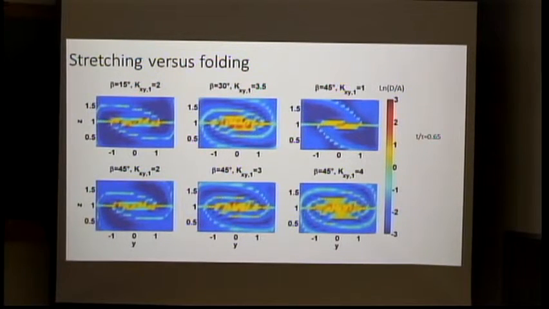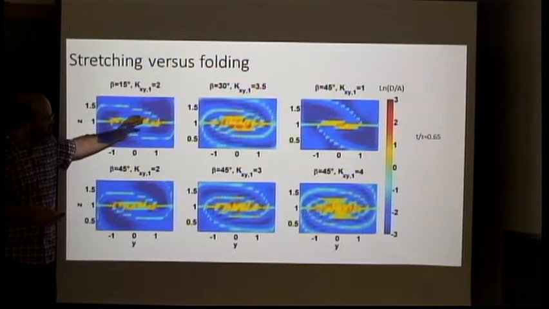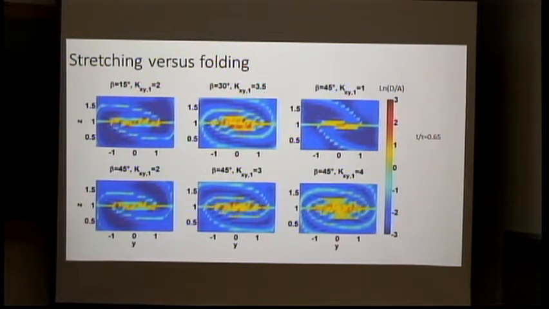So what this figure shows is, for some time, we computed the logarithm of the ratio between folding and stretching. So red colors here, you have more folding than stretching. Blue colors, you have more stretching than folding. And we projected it onto the initial injection plane.